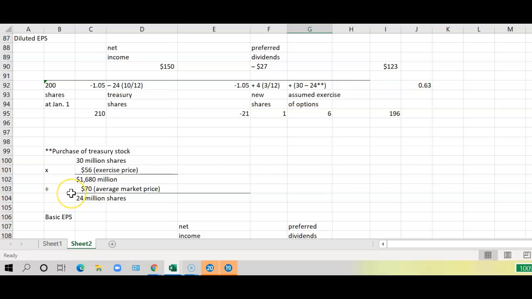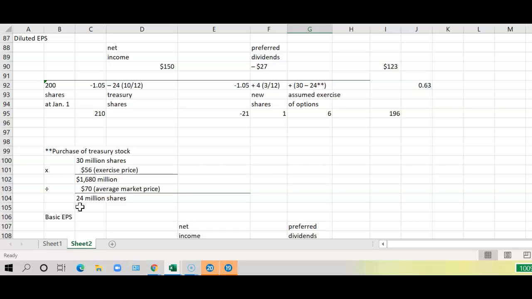And if you divide that by the average market price of $70, they would really have purchased 24 million. They would only have enough cash to actually purchase 24 million of their shares, which would be treasury shares.